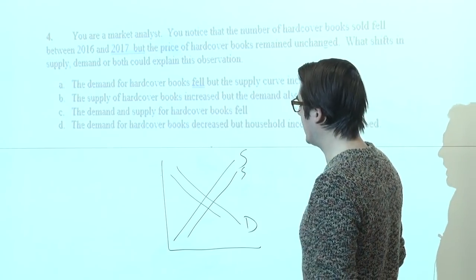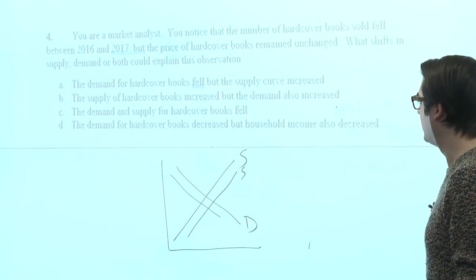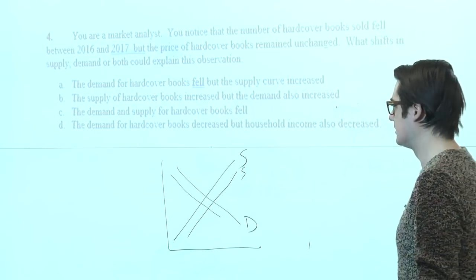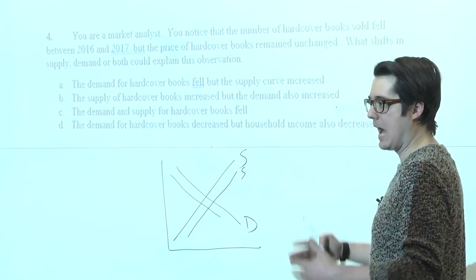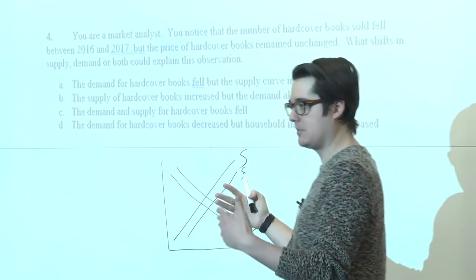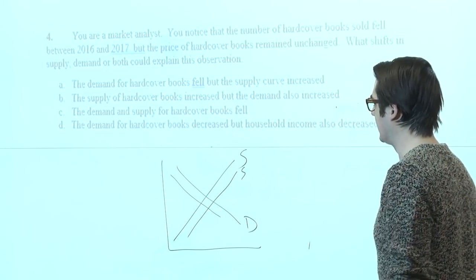Okay, what about letter B? The supply of hardcover books increases, but the demand also increases. No, right? What's going to happen? Output is going to increase. If supply and demand are increasing, that's going to increase output. So that's not going to be right.